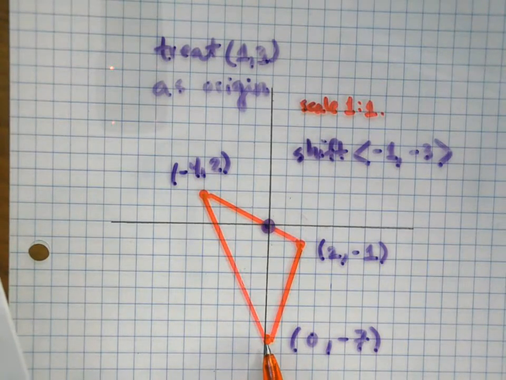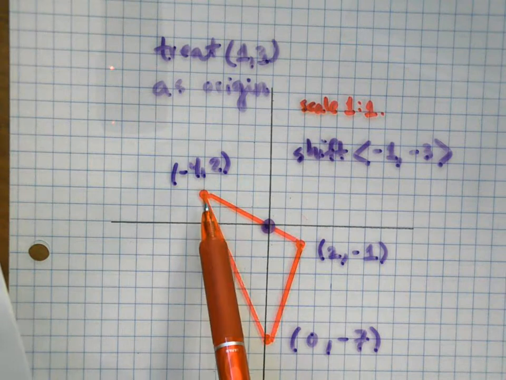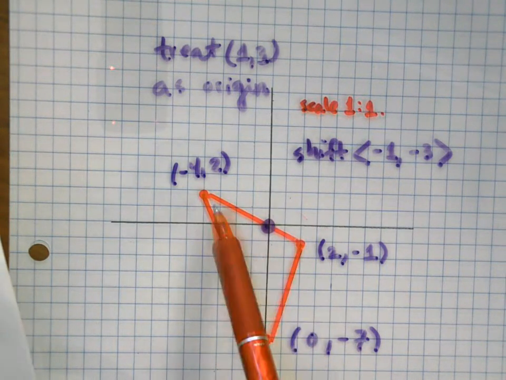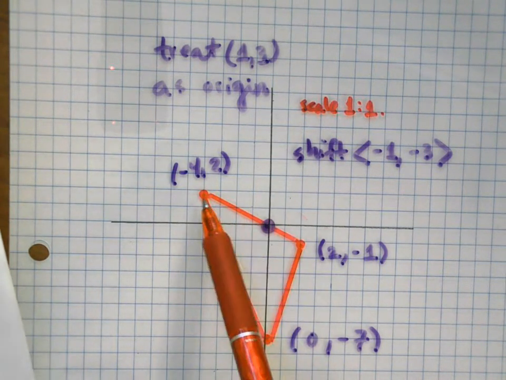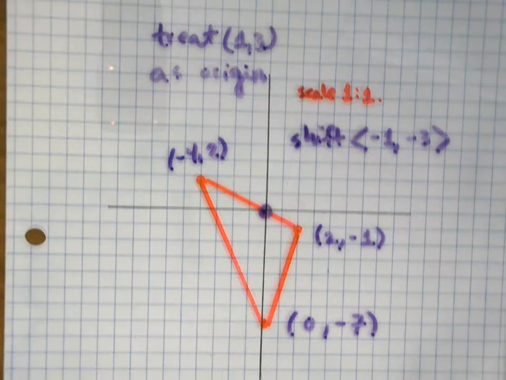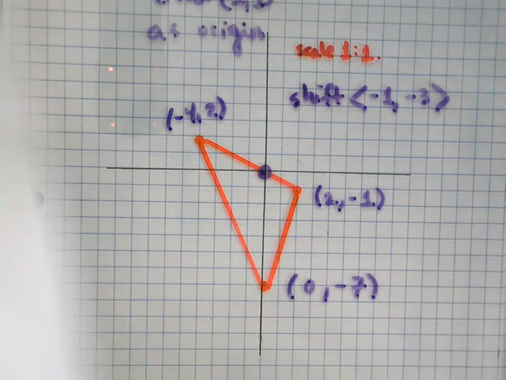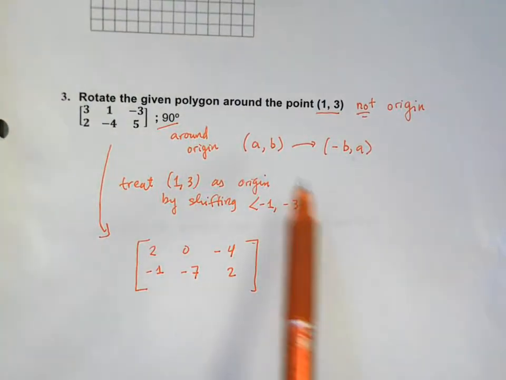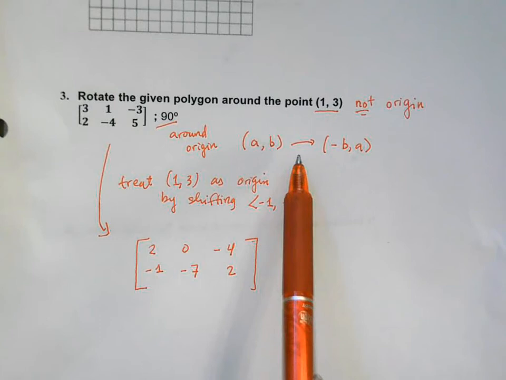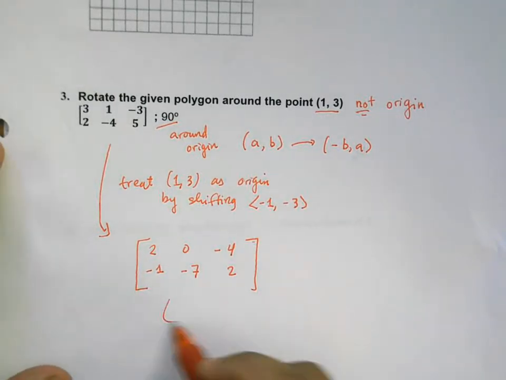And then (-4, 2) is this point here. And now, because this purple point is the origin, I can apply this really beautiful rule, (a, b) to (-b, a).